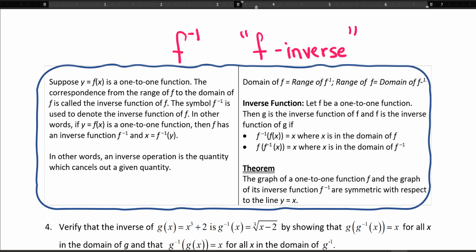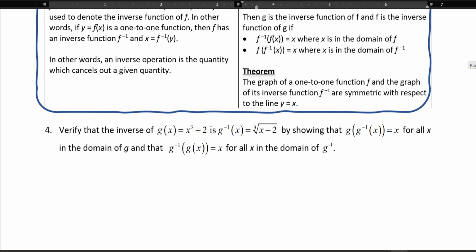So how are we going to determine when two functions are inverses of each other? Well, what we're going to do is compose the functions, meaning that we're going to plug x into one function, then plug that function into the inverse function, and then simplify. We're going to solve it algebraically.